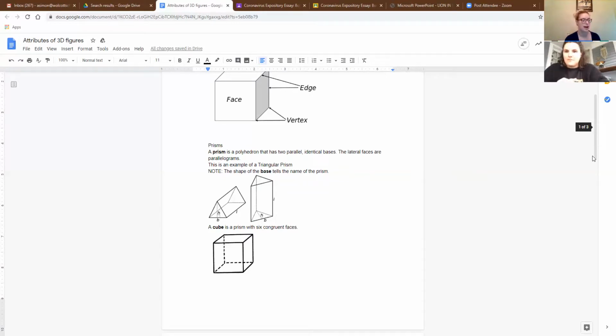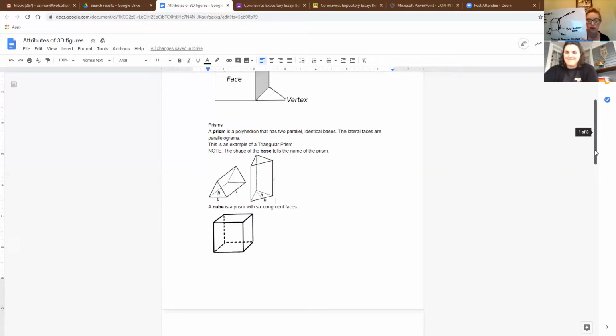The shape that makes up our cube is the square, and all of those faces are identical. I'm sure you can think of many examples of cubes. We have ice cubes, and a lot of different things. You've been dealing with cubes for a while.